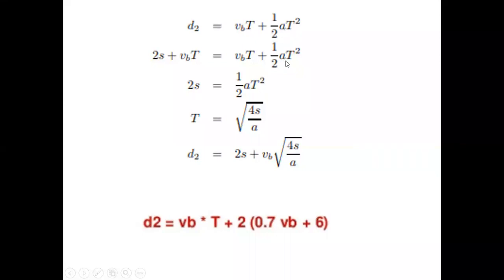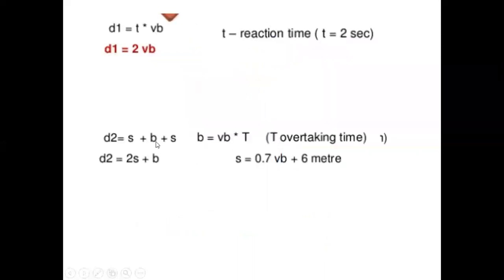Acceleration is as usual the same. Now what am I doing? This is equivalent to ut plus half at square, right? So the t will be the overtaking time, and the speed will be the speed of the slow moving vehicle. So that's what we have seen here, right? Here all the speeds are related to the overtaken vehicle, even for the first distance also.